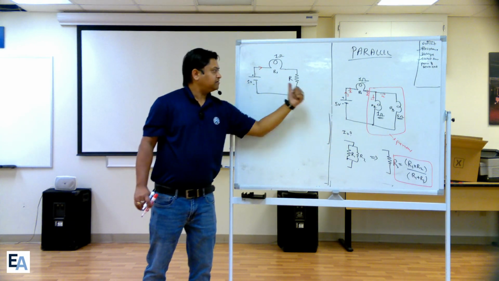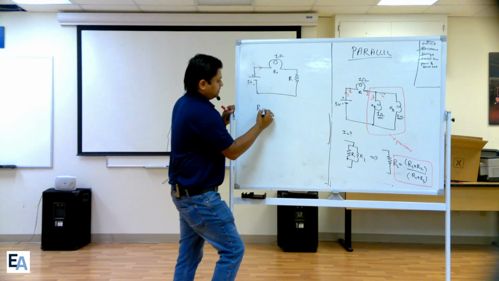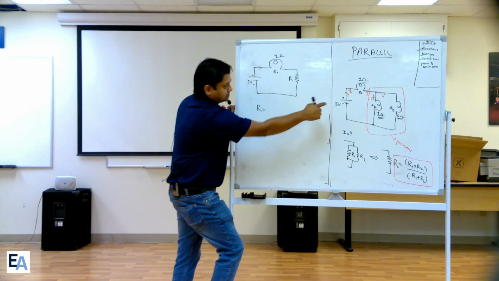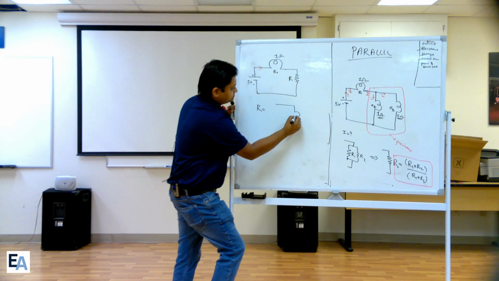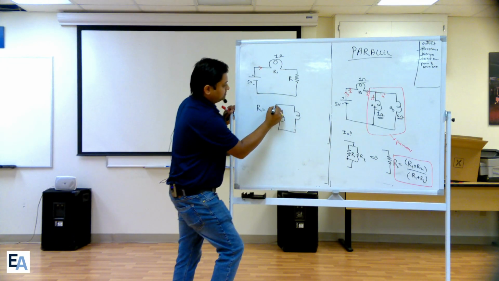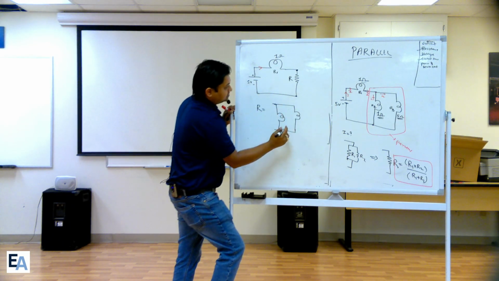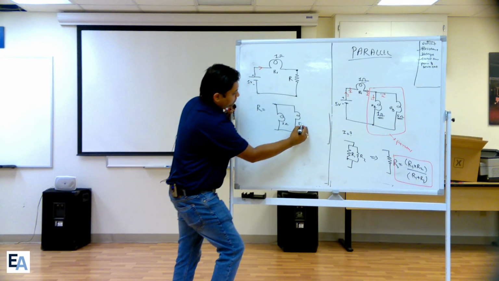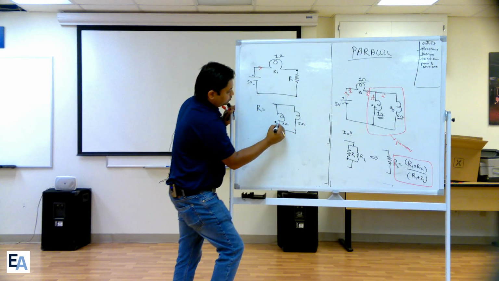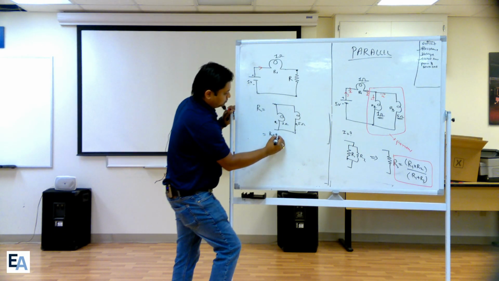These are the two nodes, and if I need to find the resistance across this, which is 1 ohm here and 5 ohm here, let's say this is R1 and this is R2. So the formula is R1 times R2 divided by R1 plus R2.